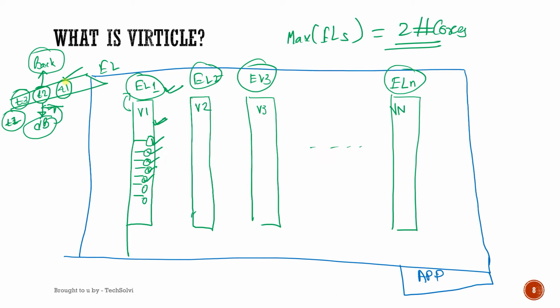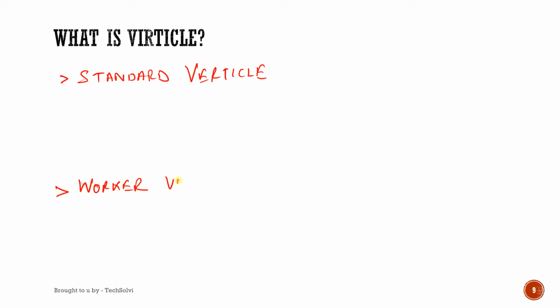Now having said all this, there are two types of verticles. One is the standard verticle, another is the worker verticle. Okay, what are the key differences?